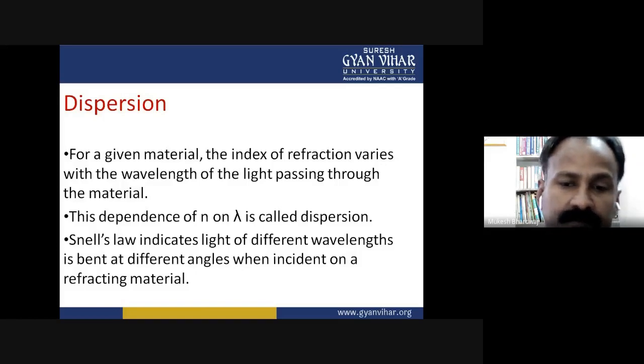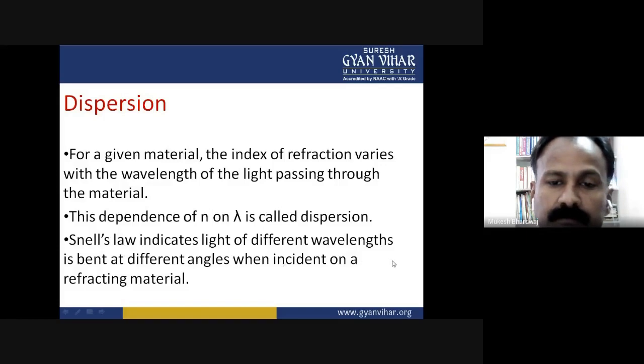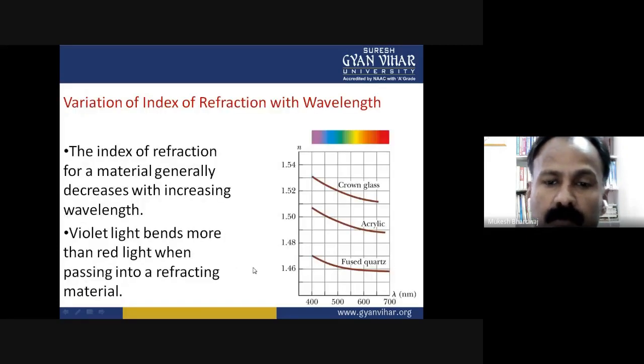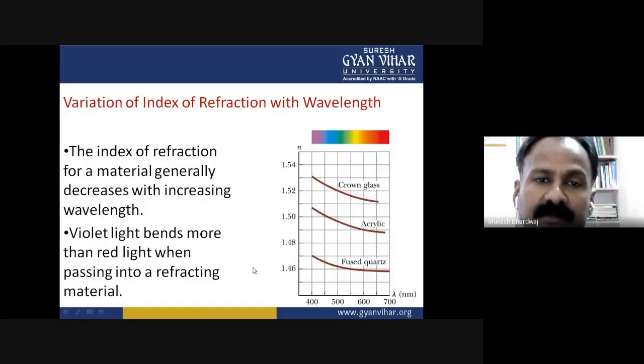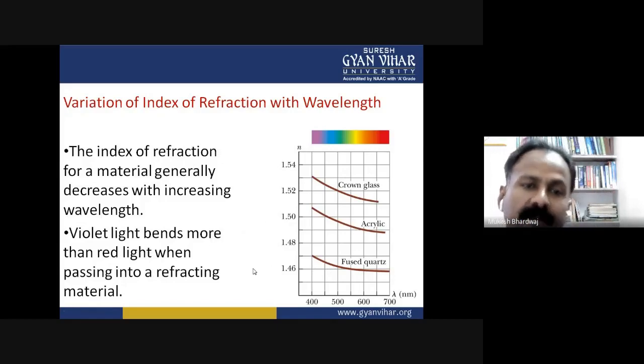Next, variation of index of refraction with wavelength. The index of refraction for a material generally decreases with increasing wavelength. Violet light bends more than red light when passing into a refractive material.